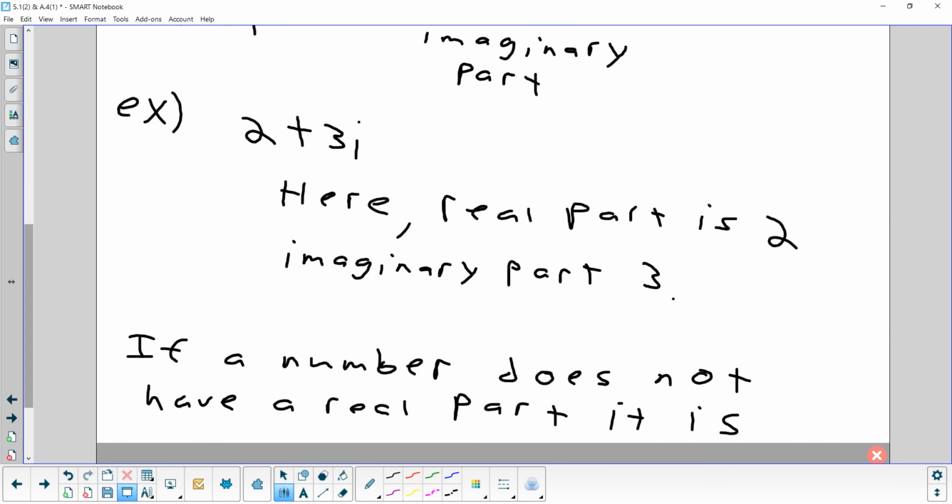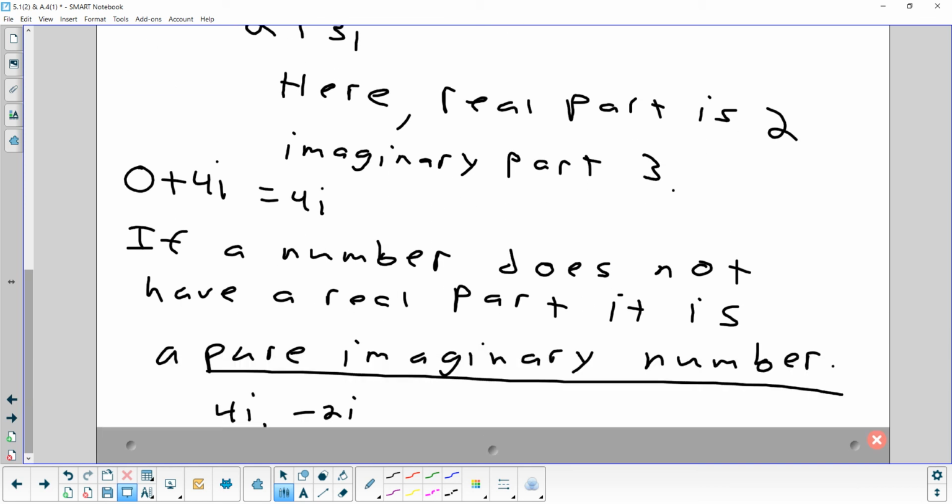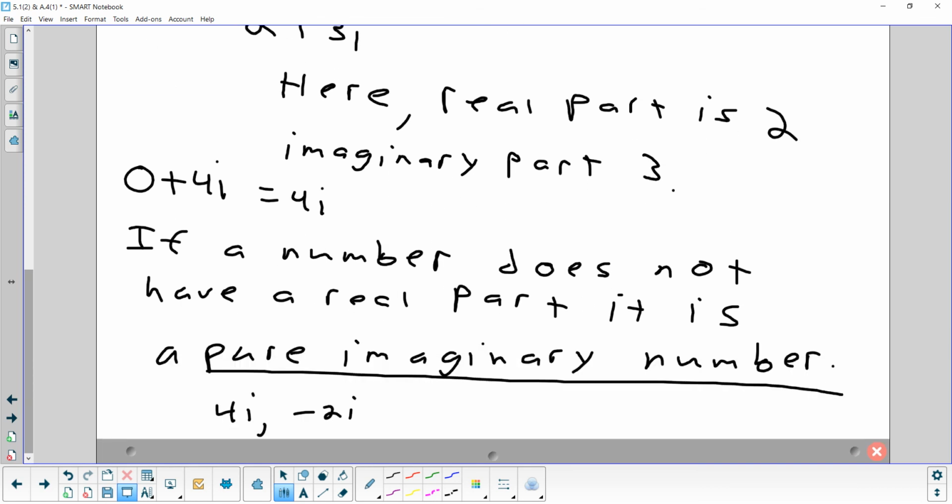Now, sometimes you could have a number that doesn't have a real part. Think of it like this. 0 plus 4i. Well, if the real part is 0, or anytime something is 0, we normally don't write 0. We just write 4i. If a number doesn't have a real part, because it's 0, we call that a pure imaginary number. So there's a couple more examples of pure imaginary numbers. 4i. The real part here, if I asked you, is 0.